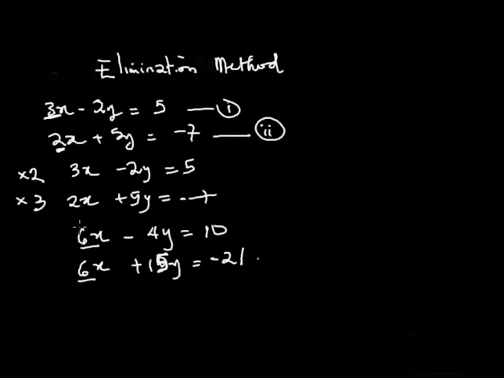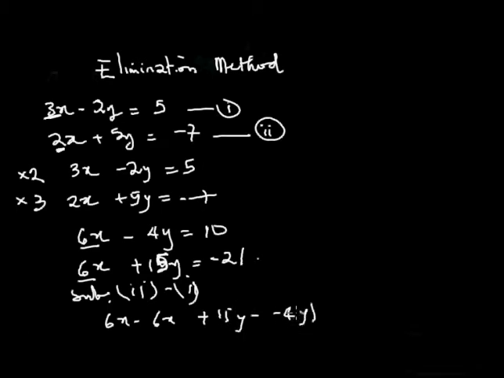now we can easily remove these two. So what we need to do is subtract equation 1 from equation 2, and what we're going to have is 6x minus 6x plus 15y minus 4y is equals to minus 21 minus 10.